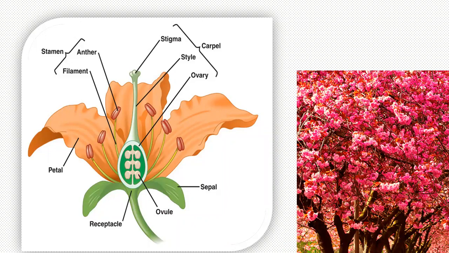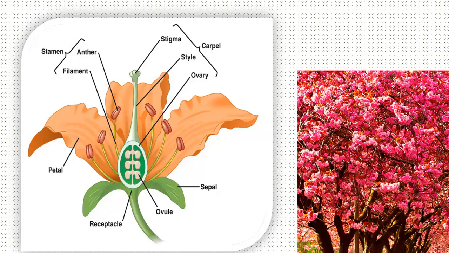The sepals are visible when the flower is in bud form. They are protective in nature and always green. The petals are also called the corolla. They are the colored part of the flower. Most flowers have petals.